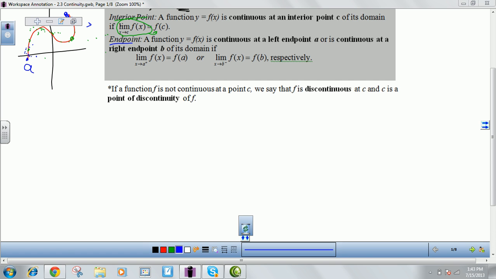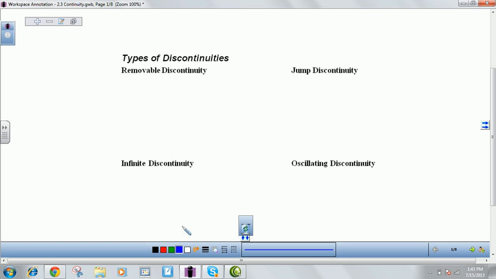Then down here we're going to have a list of the types of discontinuities. Go to the next page. First of all, there are removable discontinuities. A removable discontinuity is basically a graph that has a hole.